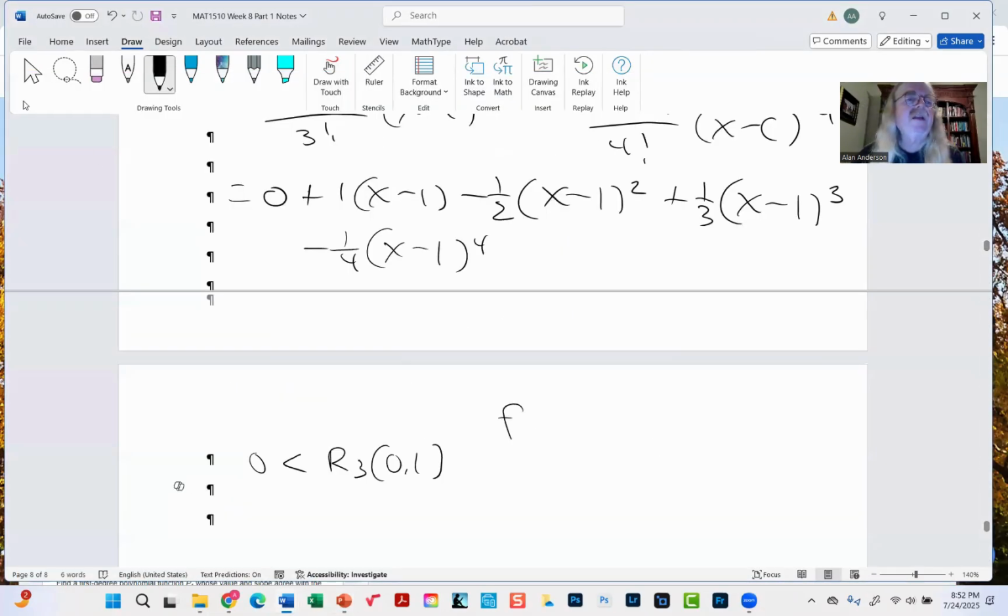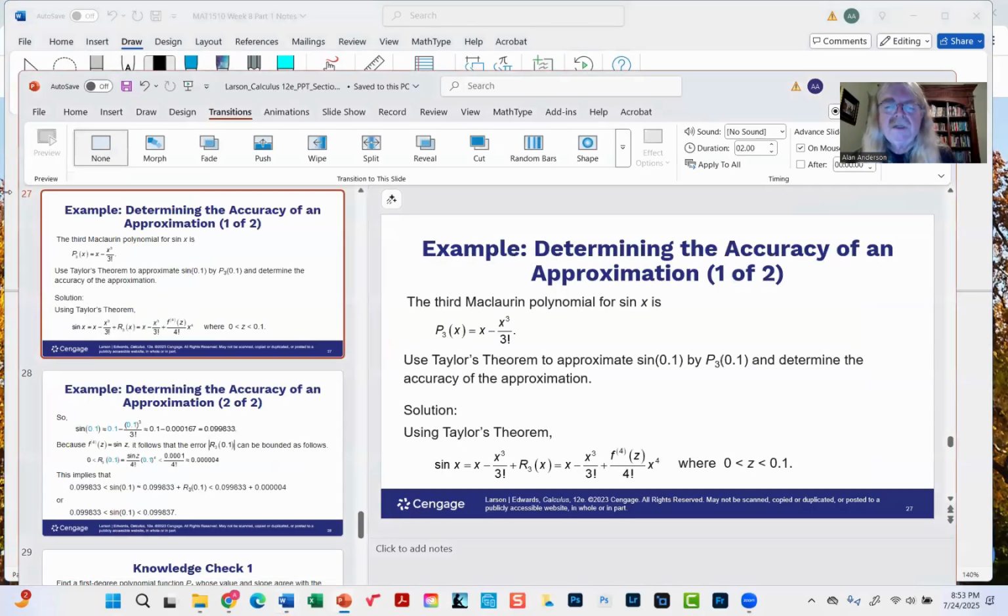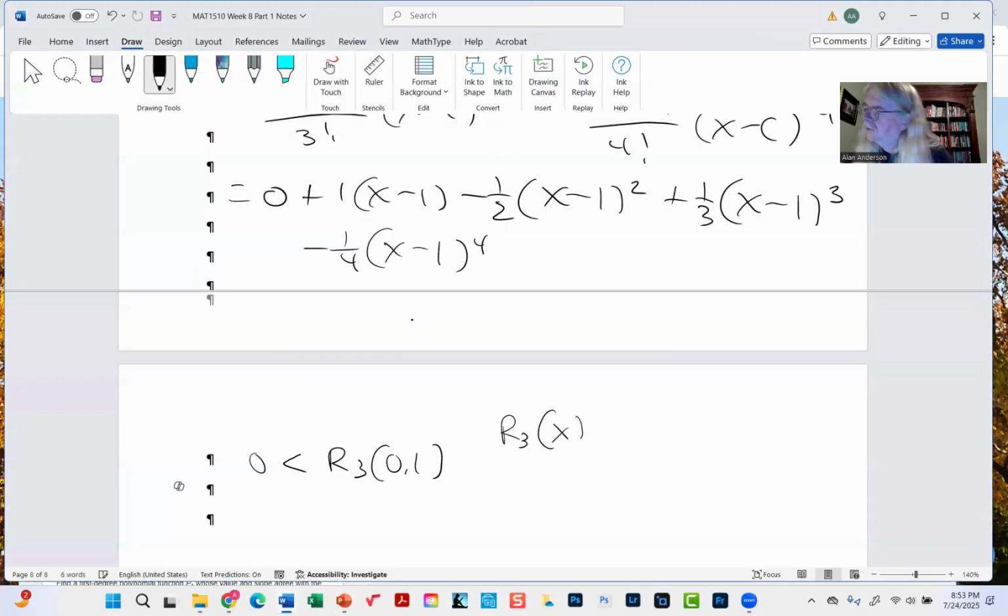So let me make a note of that on the side so you can see where this is coming from. R3 of x equals f4. By the way, some calculus books use Roman numerals for these very high order derivatives.